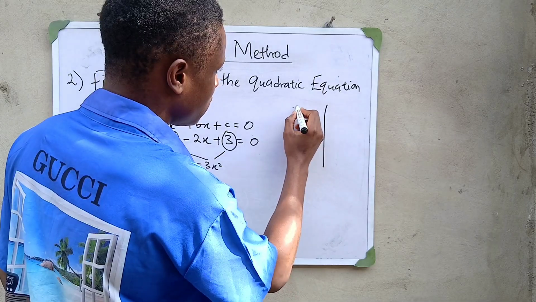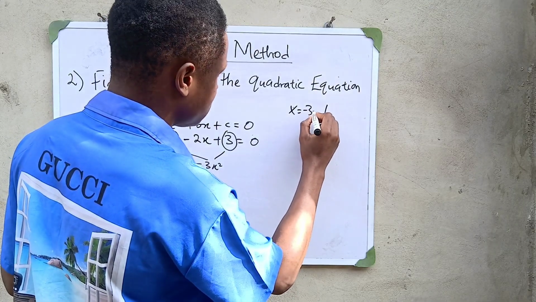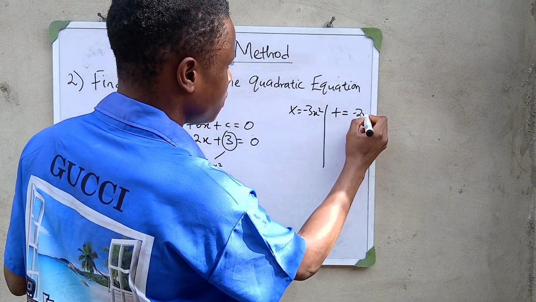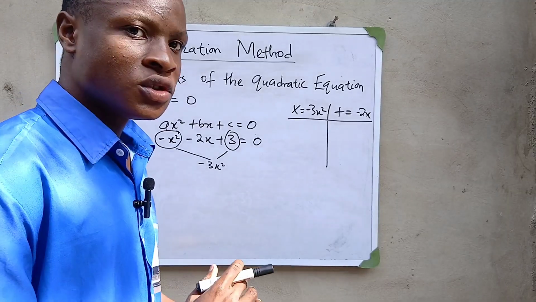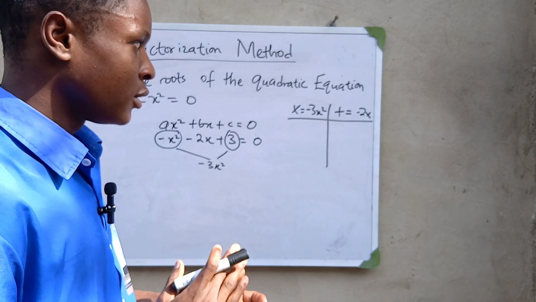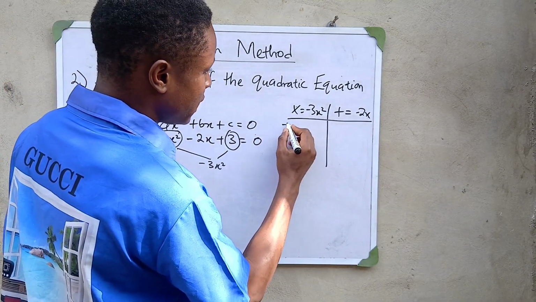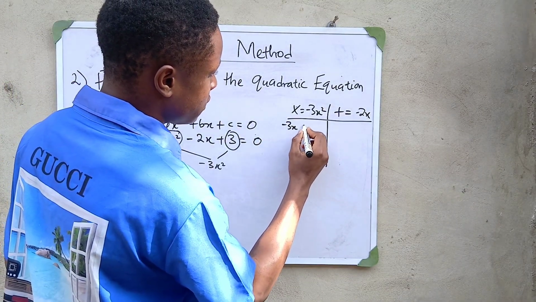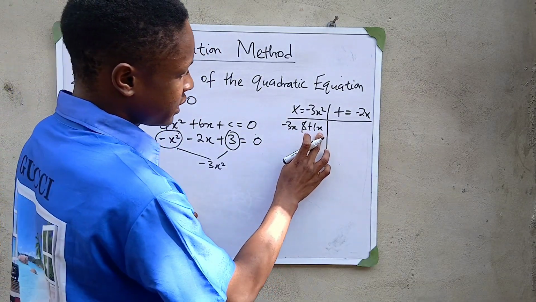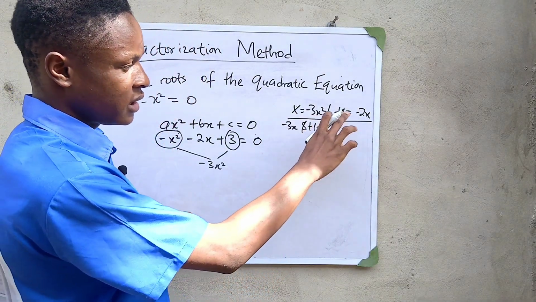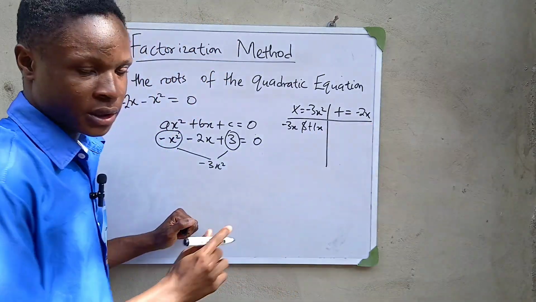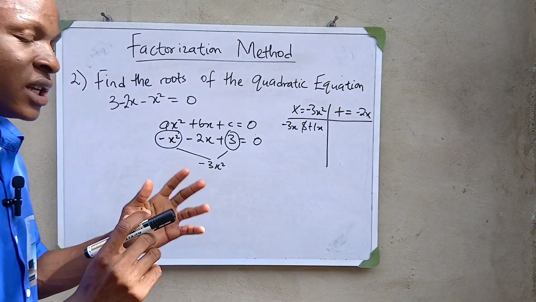Those two numbers are minus 3x and plus 1x. Minus 3x times 1x is minus 3x squared, and minus 3x plus 1x is minus 2x. So those are the two numbers.